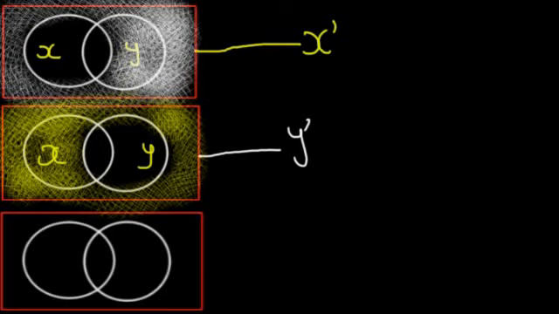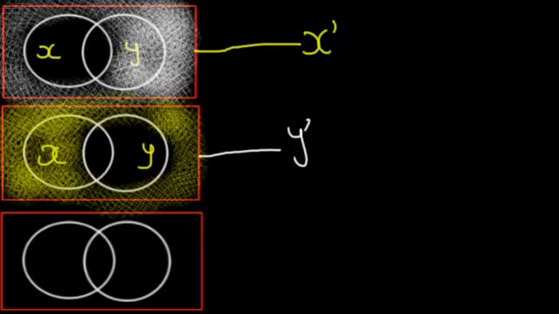Now, what about their intersection? If we are to shade the intersection of x complement and y complement, I want you to pause this video and try to figure out what region is being shaded as a common region between the x complement and the y complement. It turns out that the region outside the two circles, excluding the two circles, is commonly shaded in the two cases.